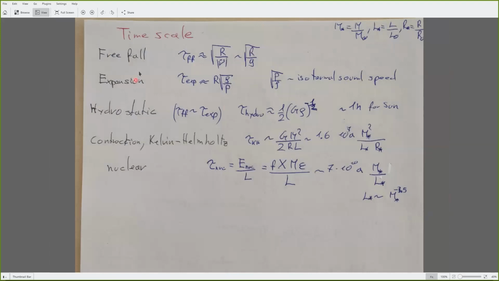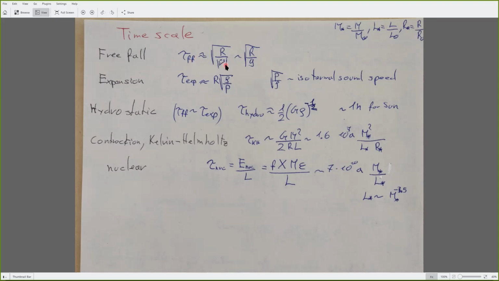As a last thing, time scales. Just considering these units, M, L, R star are in units of solar mass, solar luminosity, and solar radius. Free fall is the time when the star manages to collapse.